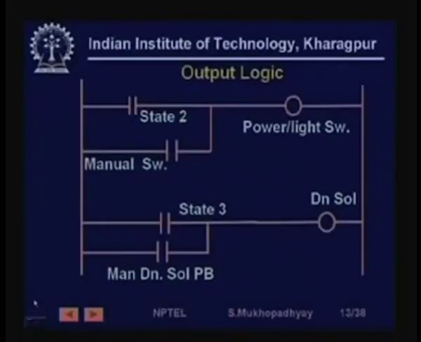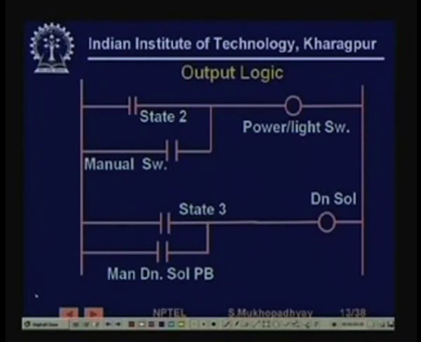Next we will have the output logic. Output logic is very simple, especially in this case. It says that if you are in state 2, then the power light switch should be on, as we have given in our output table. We have also added a manual switch, because sometimes we may need to do things manually.